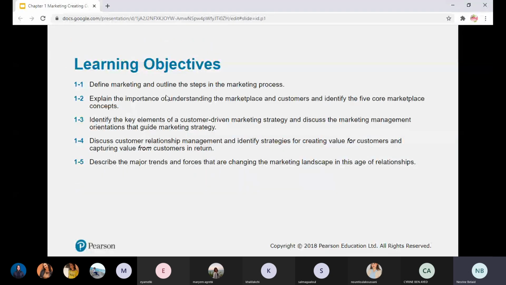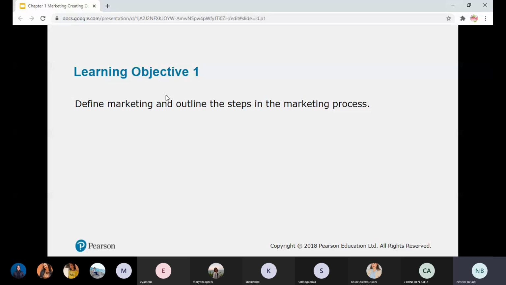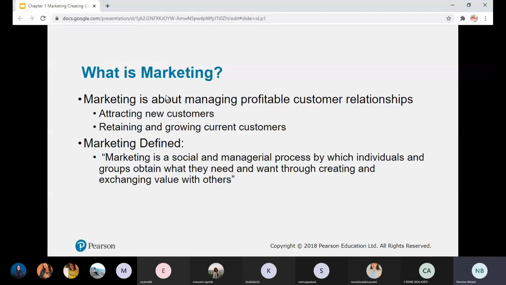We have our learner objectives. We did learner objective number 1, which is to define marketing and outline the steps in the marketing process. So we defined marketing. Marketing is about managing profitable customer relationships.